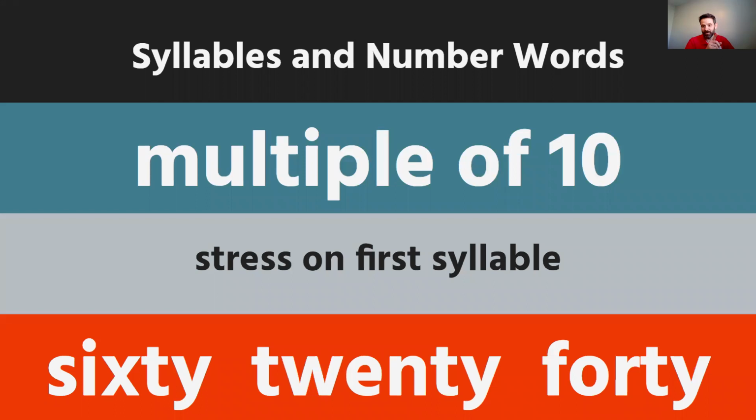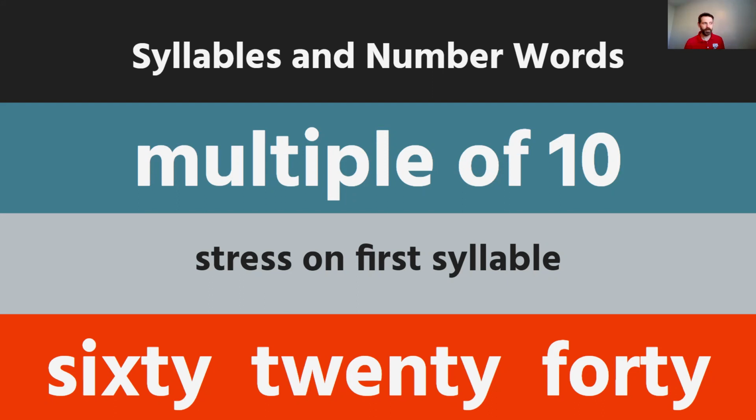So let's talk about number words for a moment, because syllable stress has an impact on our ability to correctly pronounce and correctly recognize some of the words in English, because the main difference between them, especially in American English, has to do with the stress pattern.